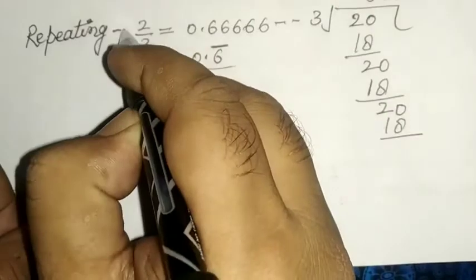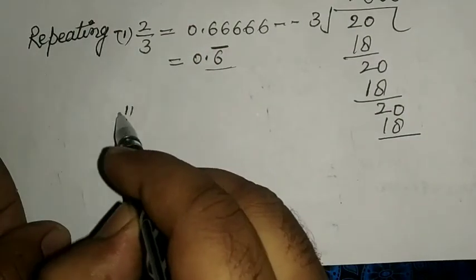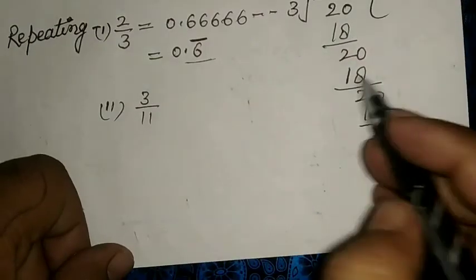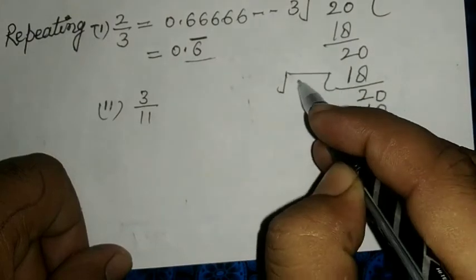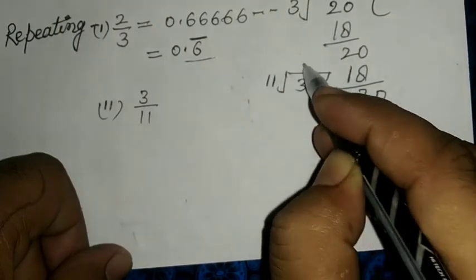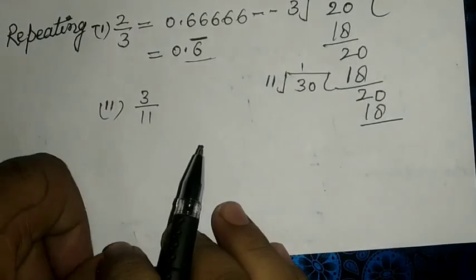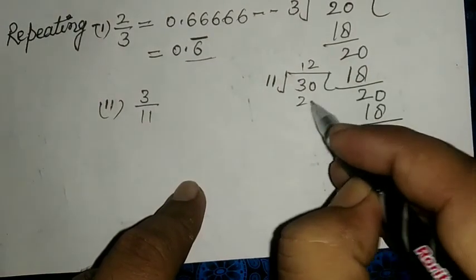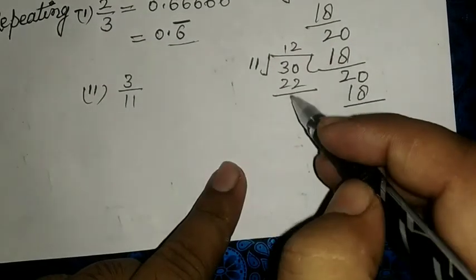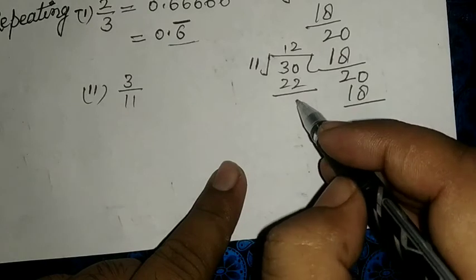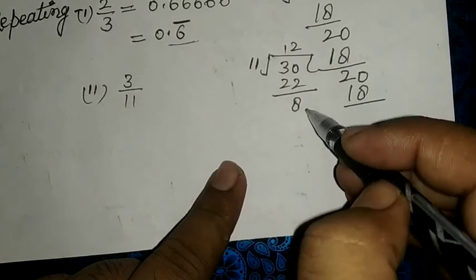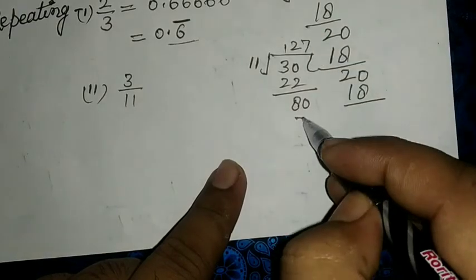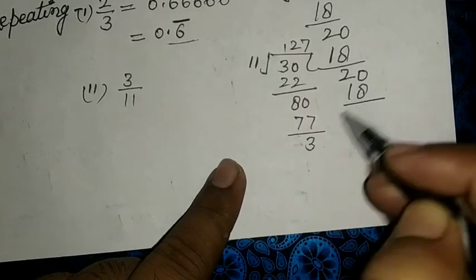Now take another example here, 3/11. If we divide 3 by 11, first we put a decimal and put 0 here. 11 twos are 22. So we will get 8 here. Again we put 0. 11 sevens are 77. So we will get 3 again.